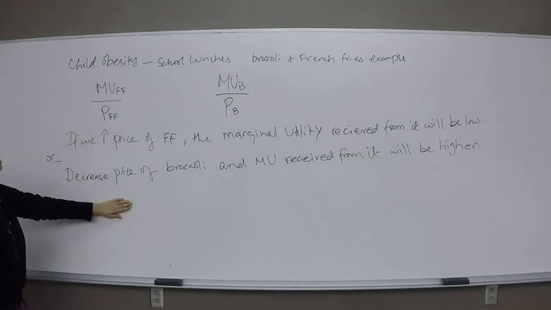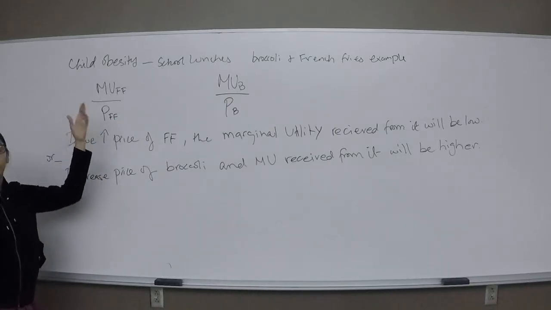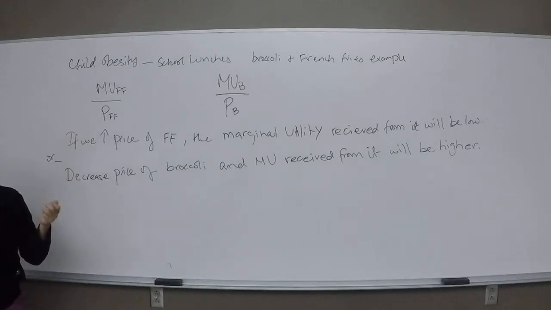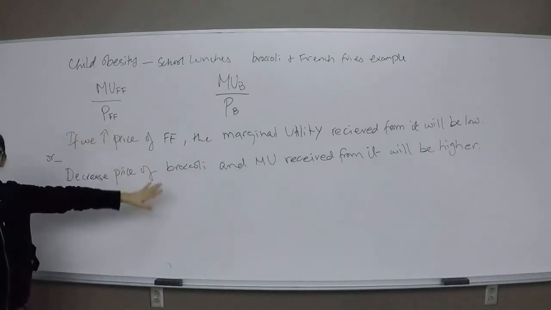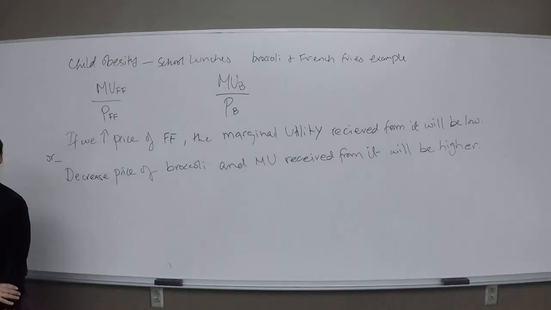So we started talking about child obesity, and the way to deal with it is school lunches. There's French fries and broccoli. Obviously, kids love French fries and they want to eat that over broccoli.